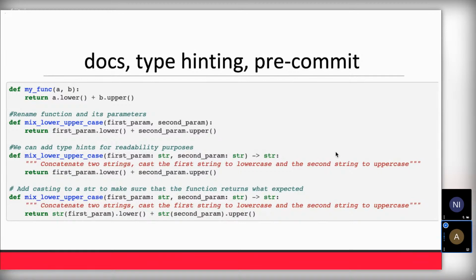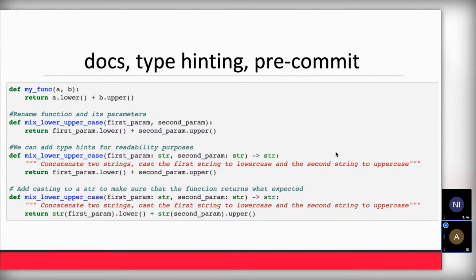What's nice about type hinting? Just an example on the screen of how type hinting makes your code more readable. If you just create a specific function, you say, okay, I assume that this function takes two arguments, A and B, and my assumption is that this function returns the concatenation of these two arguments.